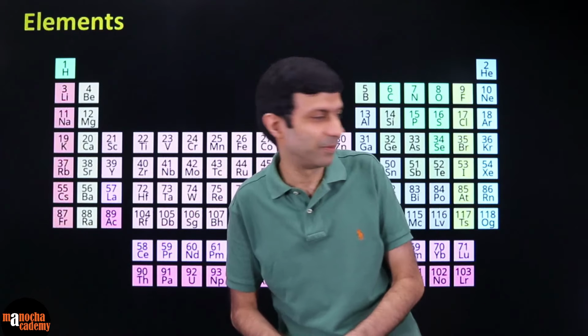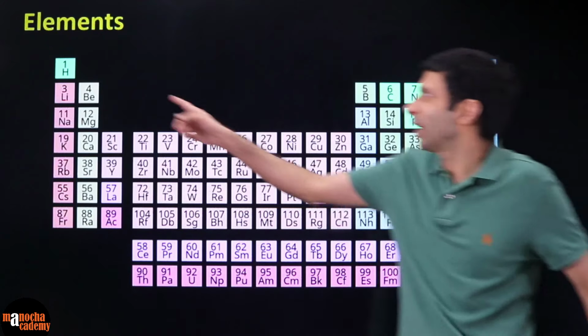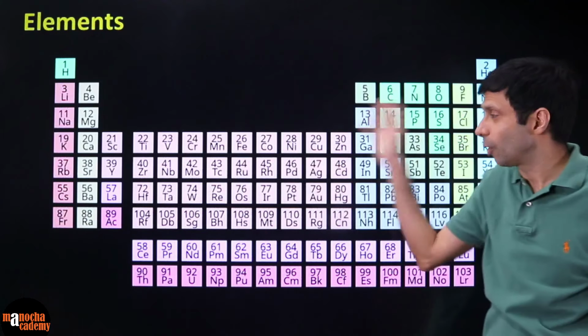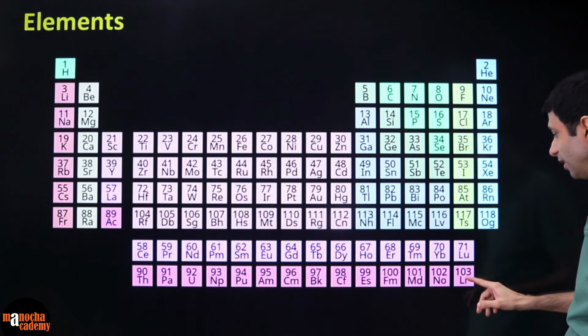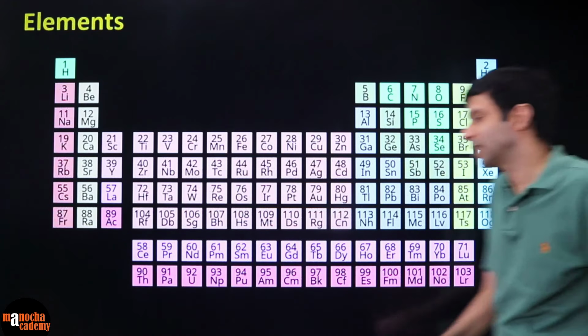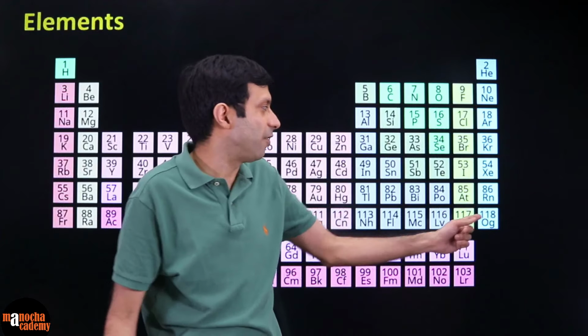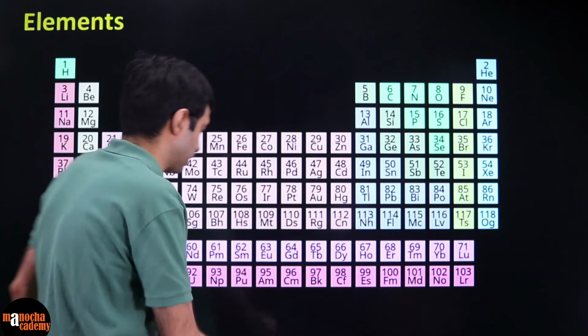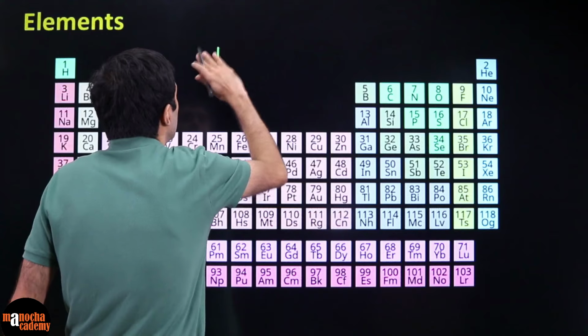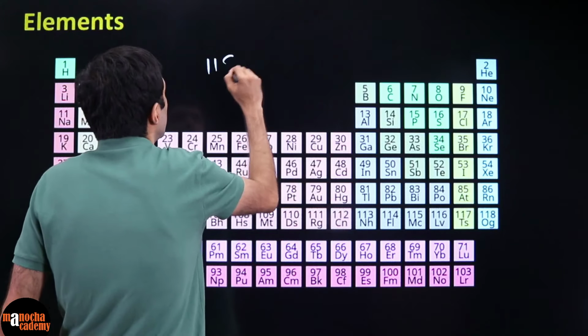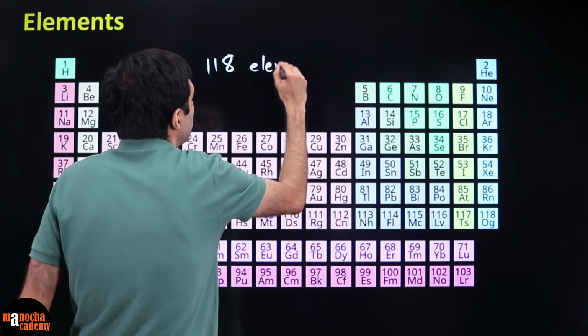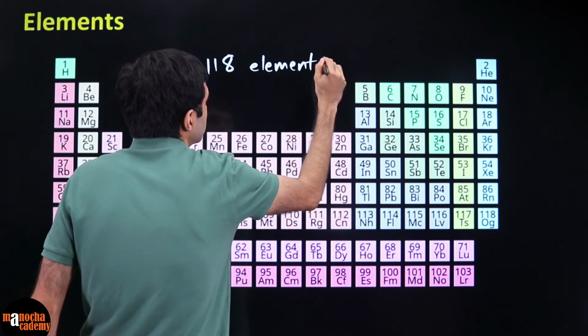Do you guys know? If you look at these, they look like roll numbers, but they are actually atomic numbers. They have a certain meaning, and you can see the last number. Don't look here, it looks like 103. The last number is right here, 118 elements. So this whole universe is made up of 118 elements, the simplest substances.